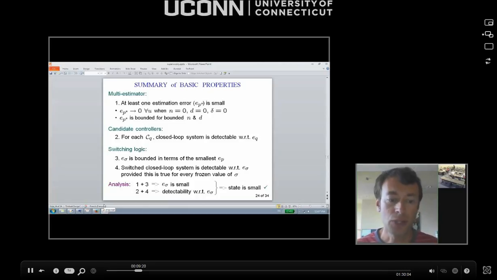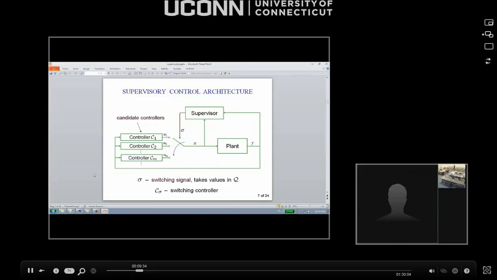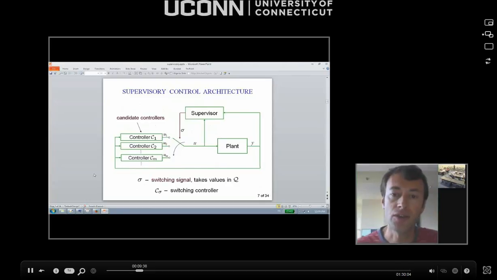So I presented to you yesterday. Let me flip through here just to remind you a little bit about what we were doing. We were discussing this supervisory control approach where you're switching between a family of controllers, and the switching is orchestrated by this high-level unit called the supervisor.